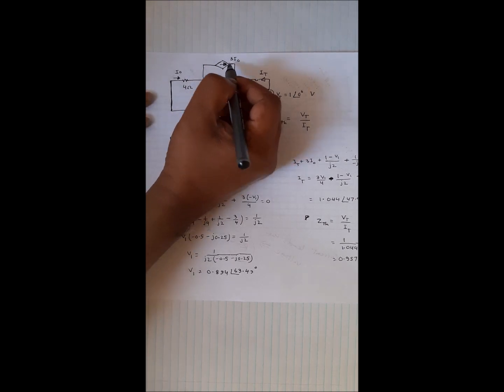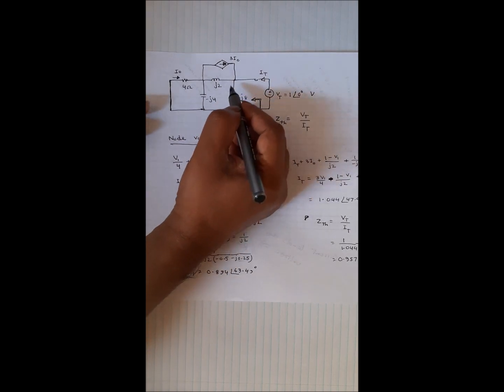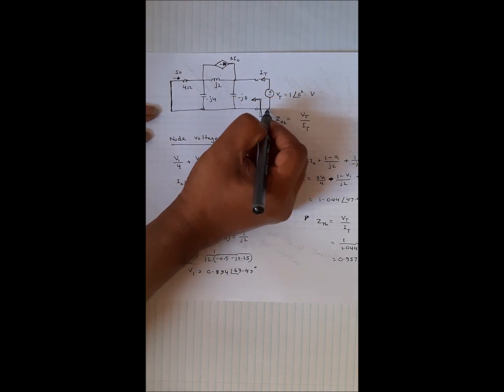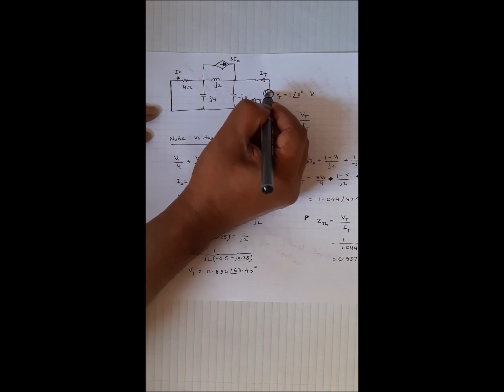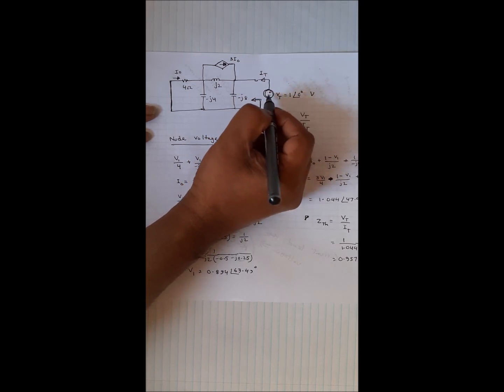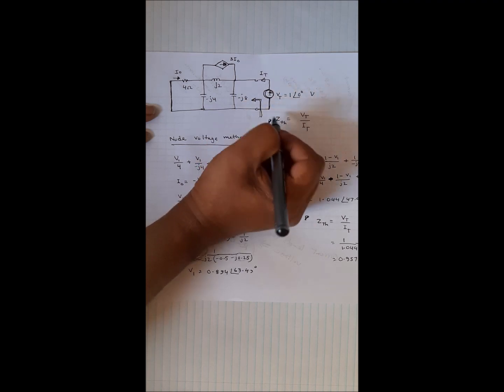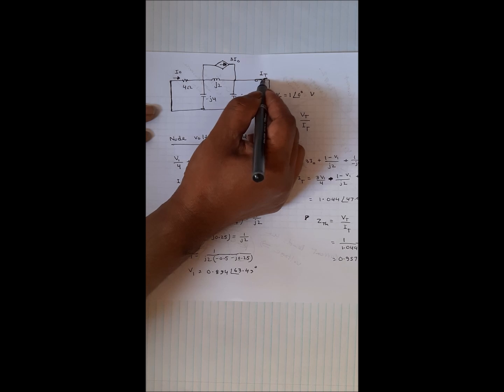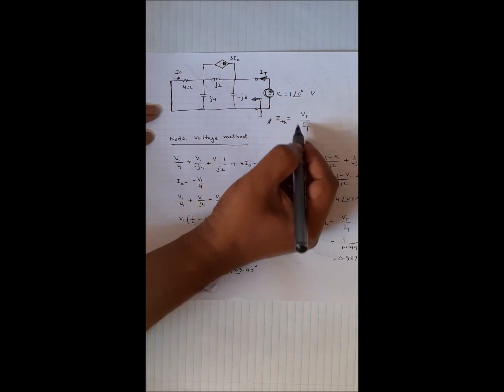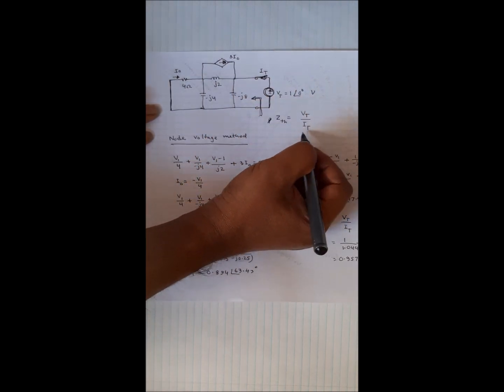It must be there. So to find this equivalent resistance, we have to apply a test voltage source. So let me apply a test voltage source of 1 volt, and the Thevenin impedance will be this voltage over the current delivered by this voltage source IT. So the Thevenin impedance will be Vt over IT.